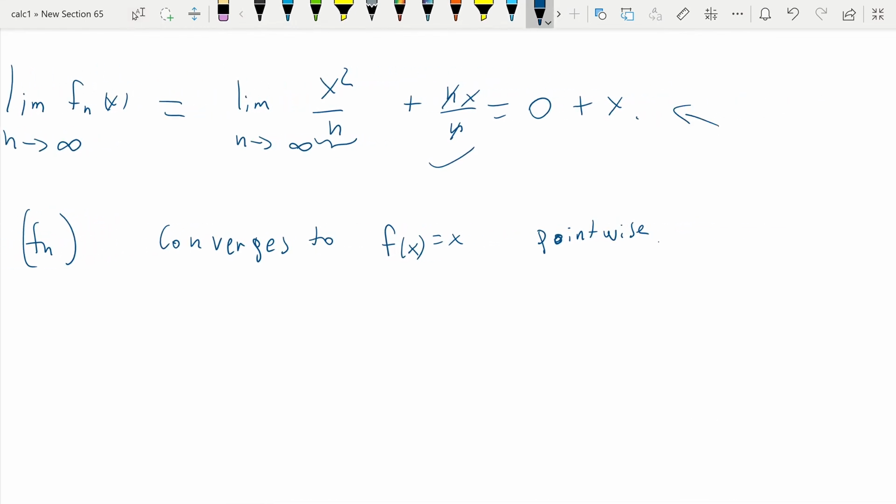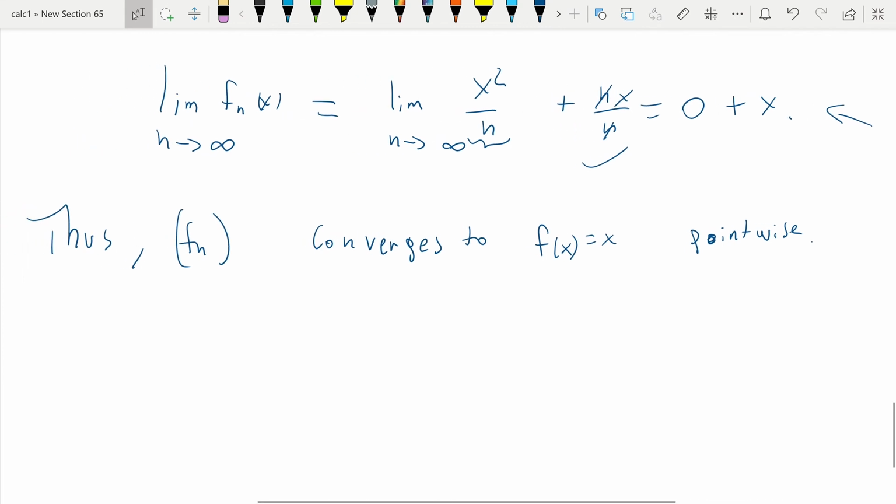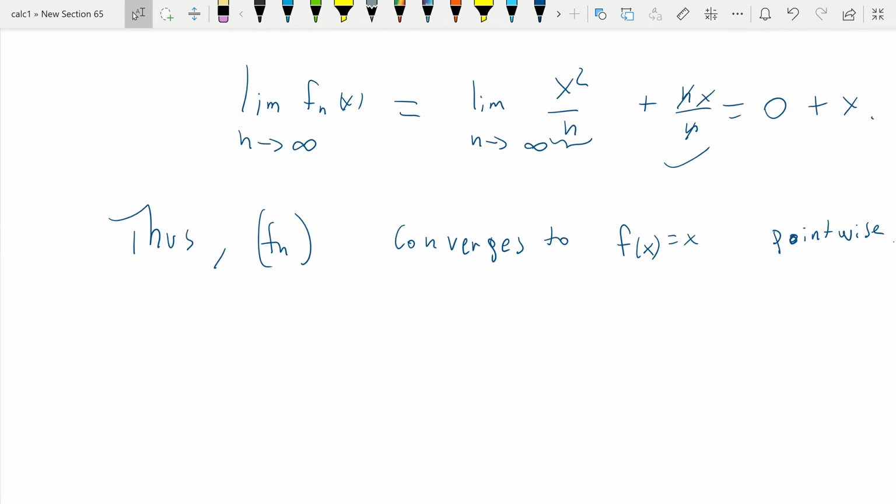But if you obtain that these limits of fn of x are equal to f of x for every x, then you can say the sequence of functions converges to f of x, which is the case here.